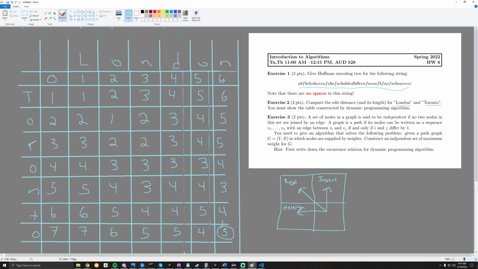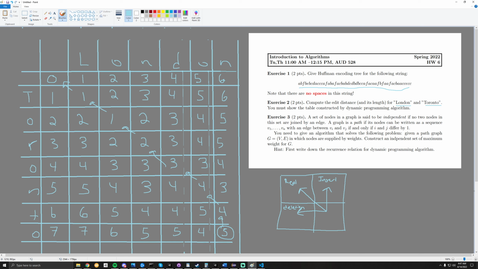And we could map it back. We could go here, and here, here, here, here, here, and here. To trace back our path of operations that we used to convert London into Toronto.